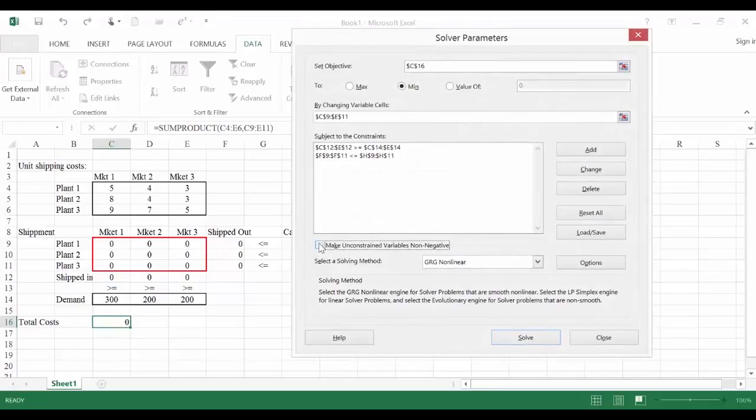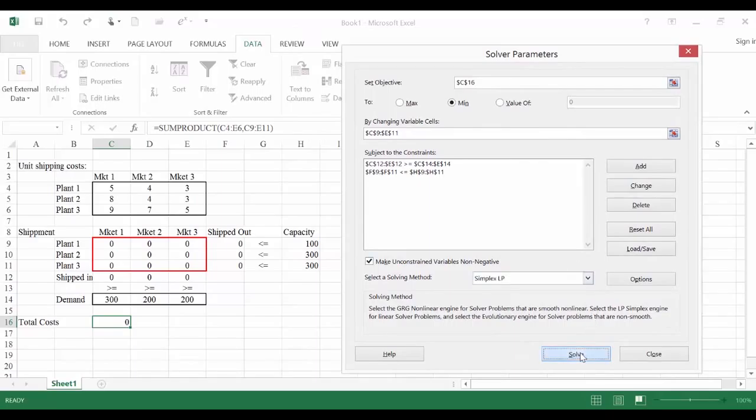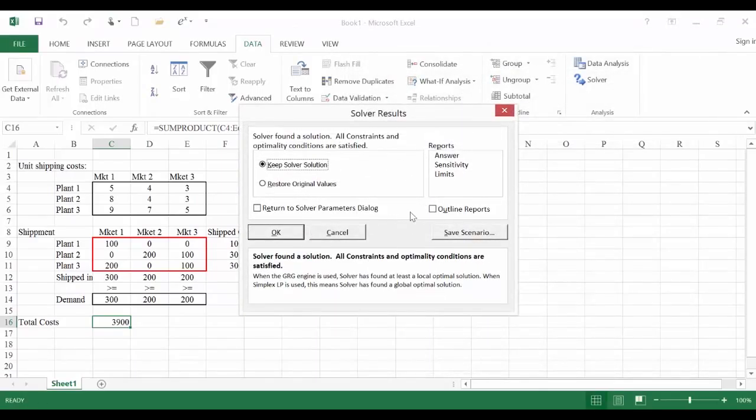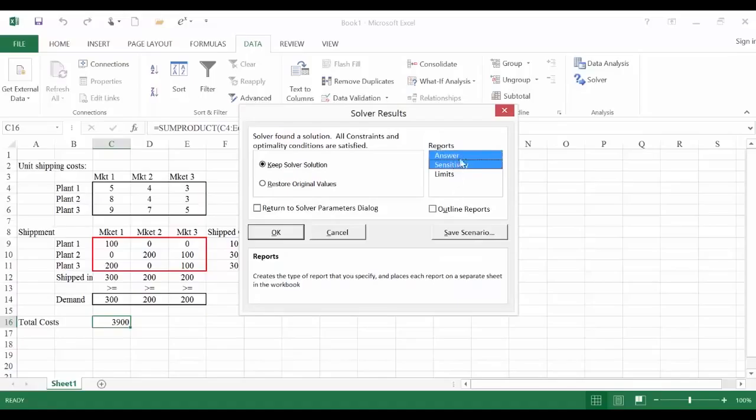And of course, do not forget to check the non-negativity box here. Also, this is a linear format, so we simply choose the simplex or linear programming method here. After we specify the model in Solver, we click the solve button. Then of course you can select the answer and the sensitivity reports.